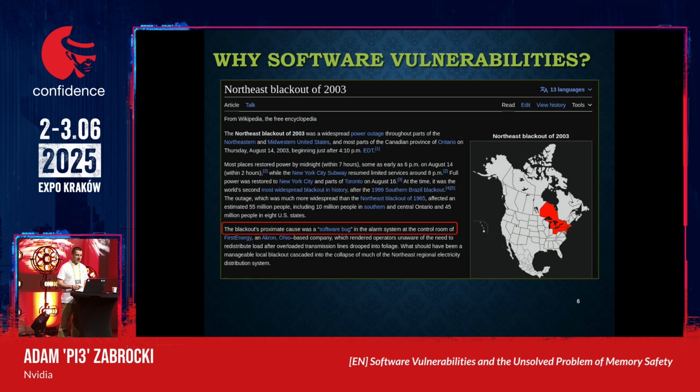If you read about what actually went on, people didn't have energy for more than 8 hours, and it was caused by a software bug in the alarm system and in the control room, which means that software vulnerabilities actually went beyond the IT industry. It affected the real life of real people.